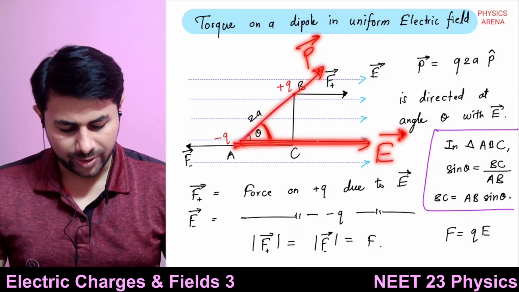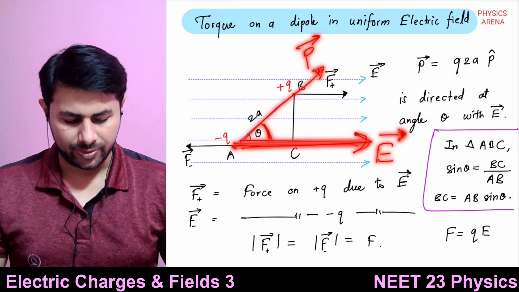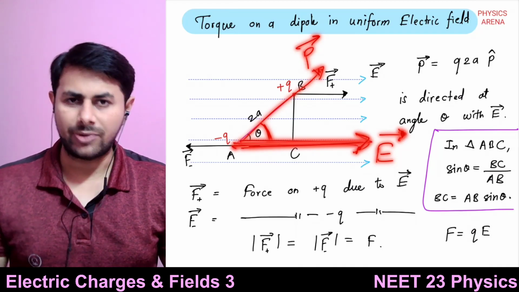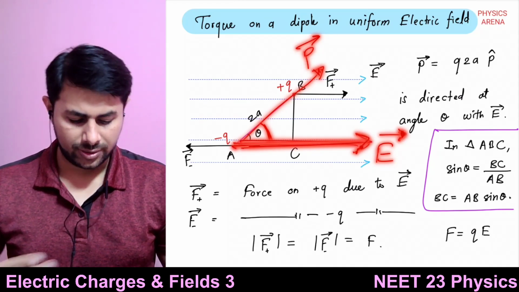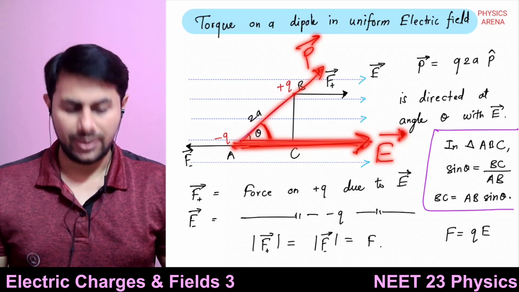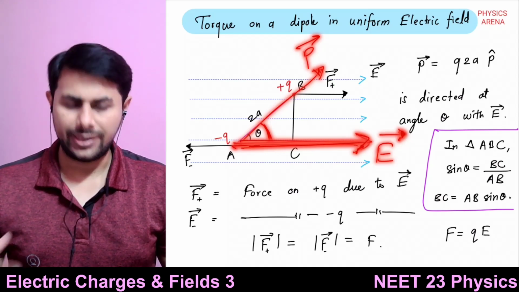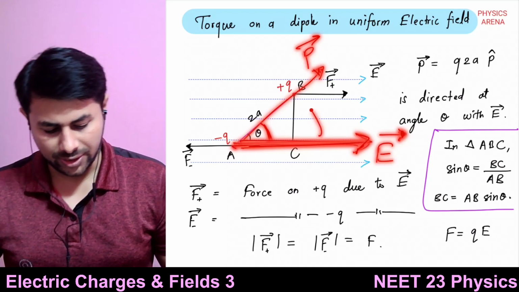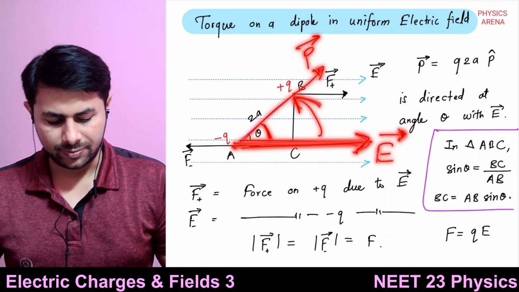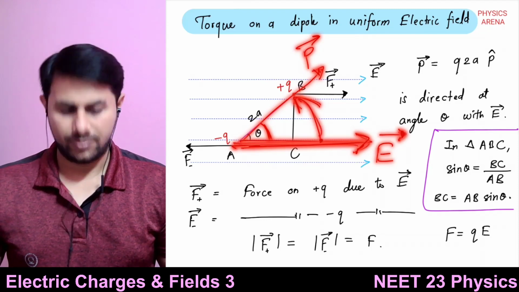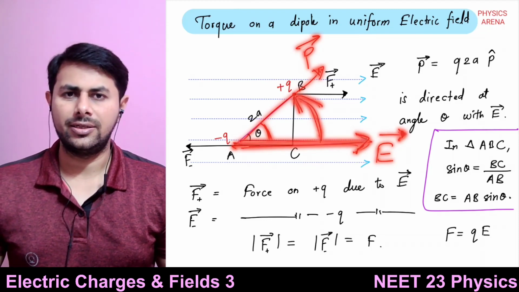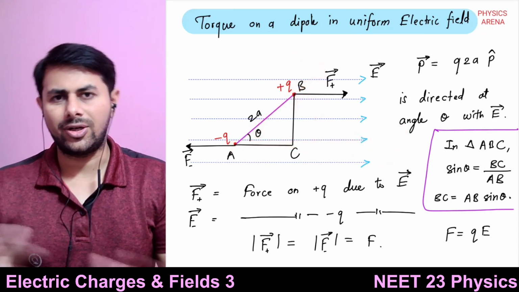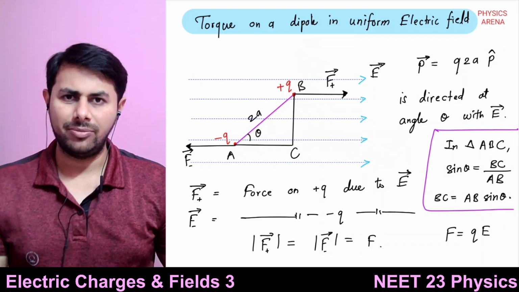So you start from the first vector, that means you keep your right hand in the direction of the first vector, then curl your fingers towards the second vector. So are your fingers curling in clockwise or anti-clockwise direction? It is anti-clockwise. So it cannot be E cross P, right? It would be P cross E.